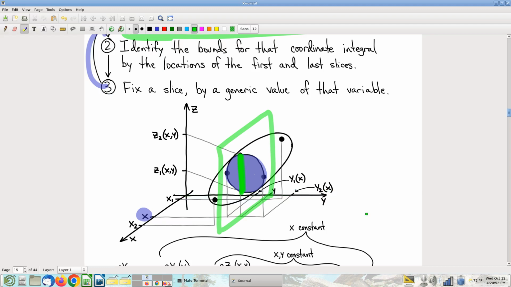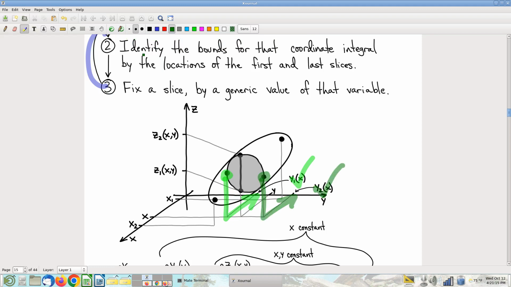Everybody see that geometrically? And again, you've got to think about first and last. And so let's see here. It starts there, which gives me my first value of y, and then it's going to end there, which gives me my last value of y. So it's just like with double integrals.